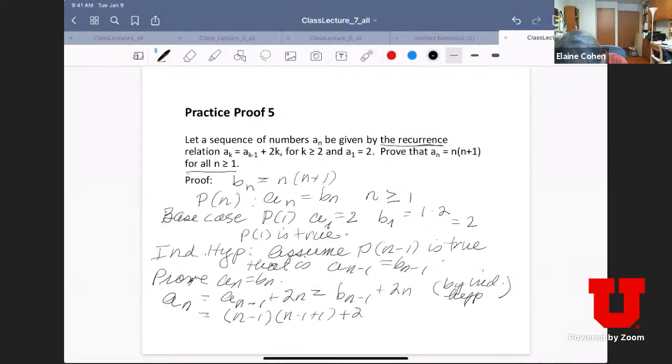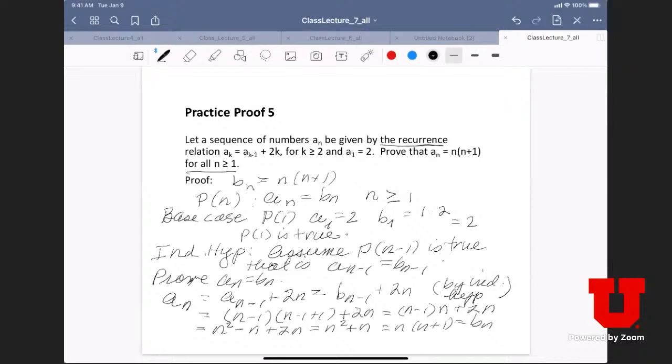Plus 2n, which is equal to n minus 1 times n plus 2n, which is equal to, did I have that right? I hope so. n squared minus n plus 2n, which is equal to n squared plus n, which is equal to n times n plus 1, which is equal to b n.